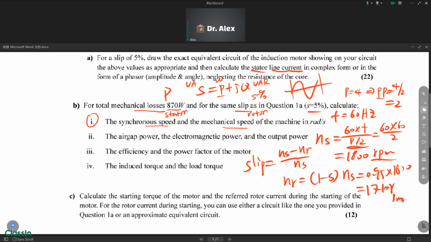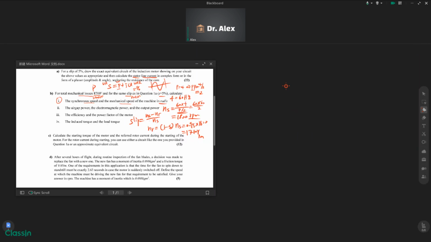However, the question asks us to convert the unit from RPM to radians per second. That's quite easy. Because NS is 1800 RPM, it means in 1 minute, it will revolve 1800 revolutions or circles.